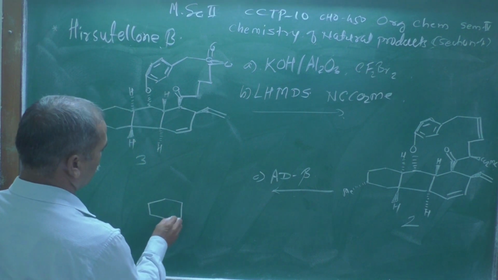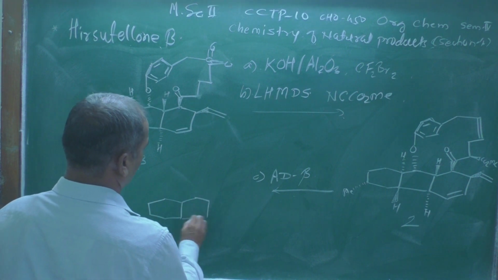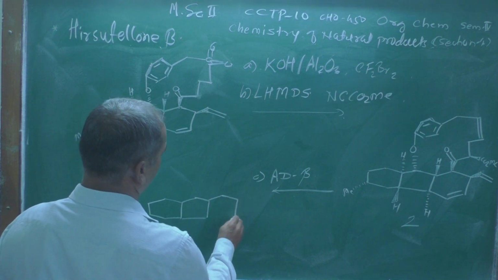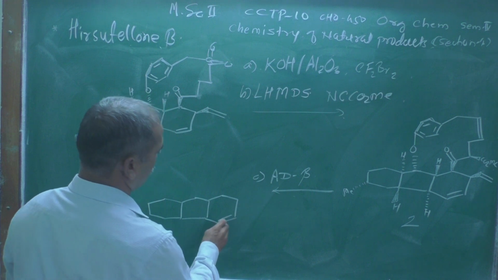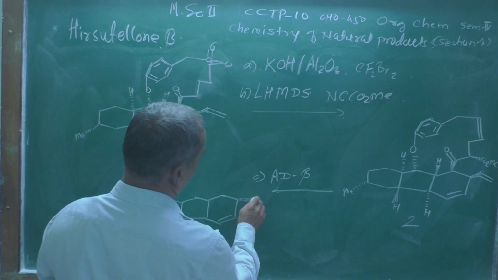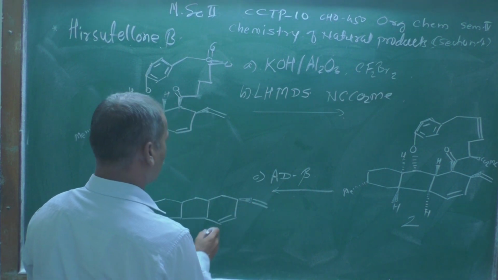Let's look at this structure carefully. This six-membered ring has this double bond, the other part remains as it is.